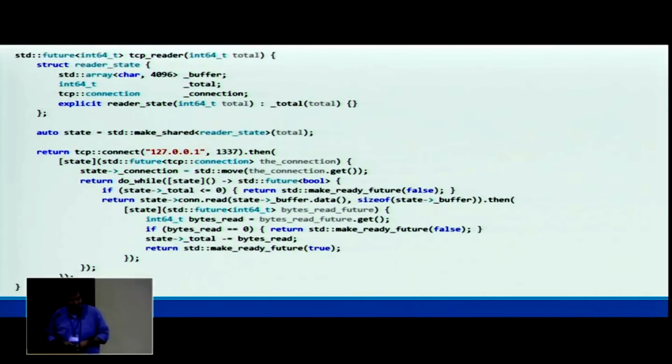Does anyone want to guess what we have to add where in order to return that number? Yeah. So basically we have to have yet another continuation that when that do-while loop is finally finished, we're going to call make ready future to make a future that contains that state. So this example should be the asynchronous equivalent of the original example.